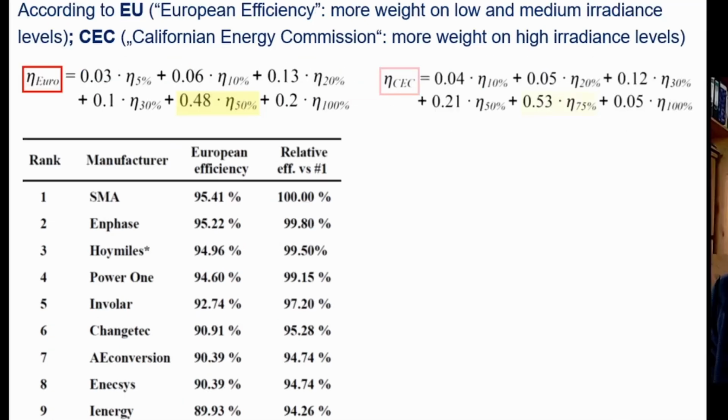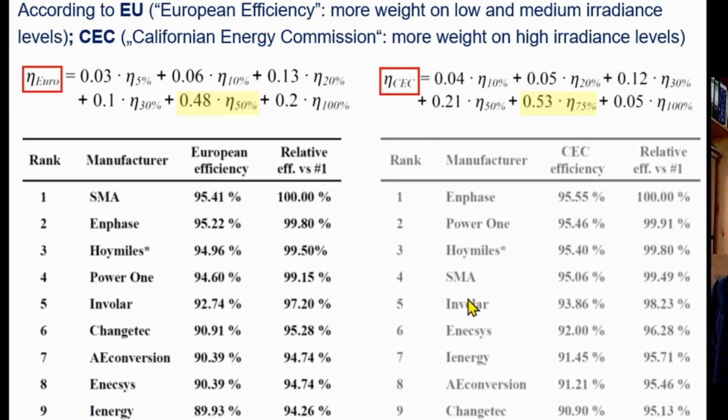Let's compare it to the California Energy Commission efficiency. What you see here is that the weight is more on the 75% of nominal load, which doesn't occur here at all, but here is the highest weight on that. Let's see whether something changed. Yes, something changed. The Enphase inverter performed the best here.